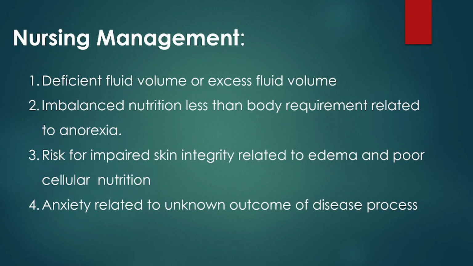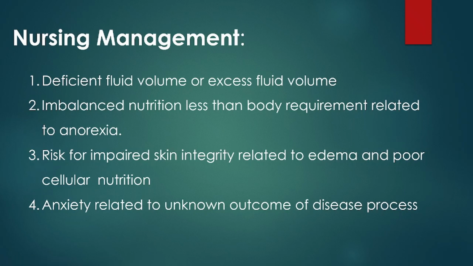Next, nursing management. Deficient fluid volume or excess fluid volume. Imbalanced nutrition less than body requirement related to anorexia. Risk for impaired skin integrity related to edema and poor cellular nutrition. Anxiety related to the unknown outcome of disease process. First one, deficient fluid volume or excess fluid volume.